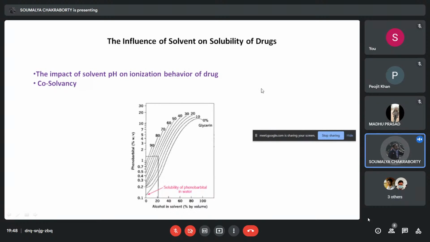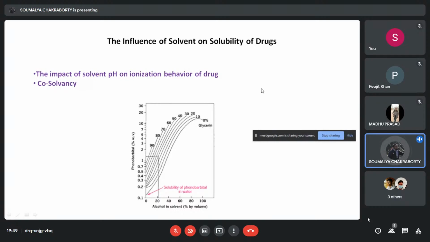And what about the impact of solvent pH on ionization behavior of drug? If we are talking about a weak electrolyte, like a poorly acidic or poorly basic drug, depending upon the pH of the water, it may behave like a strong electrolyte or a non-electrolyte.